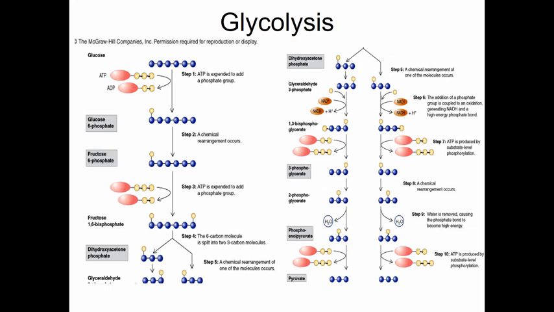We then are breaking it apart, and then we're simply doing a series of rearrangements to end up with our final end products. Okay? So in this process, we're making reducing power in the form of NADH. But how much NADH are we making? One, two, okay?